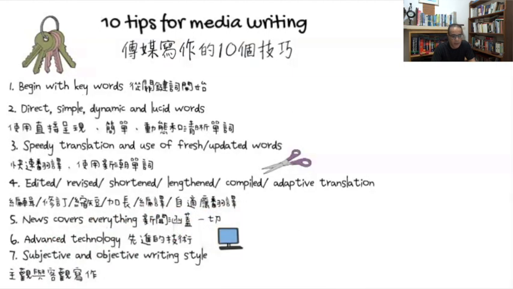And I think now everybody knows all this technology, how to use this technology very easily. Tip number 7. Be subjective in your opinion, but write in objective style. Meaning, when you write a news report, you must use an objective style, objective writing style. You cannot use subjective, emotional words. However, in the end, you represent a certain stance, a certain political, ideological stance.